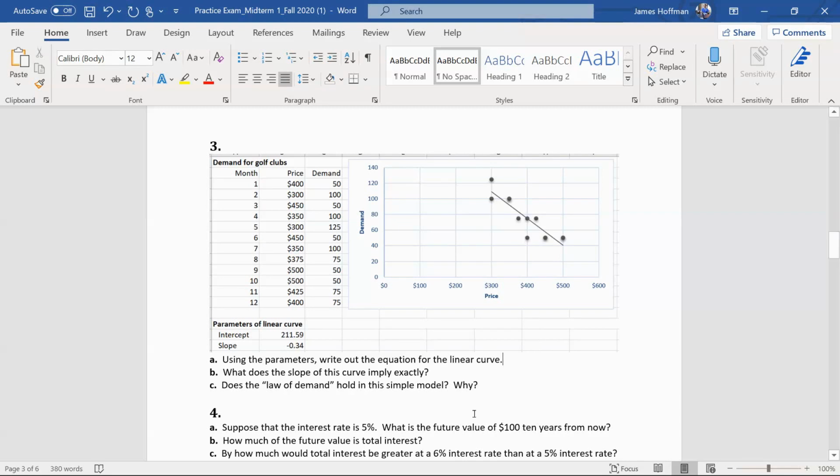All right, so part A: using the parameters, write out the equation for the linear curve. You did this in your curve fitting project, or homework, whatever it is. So here's the equation.